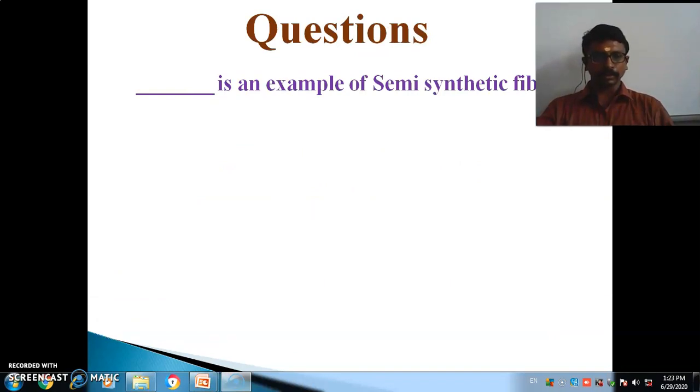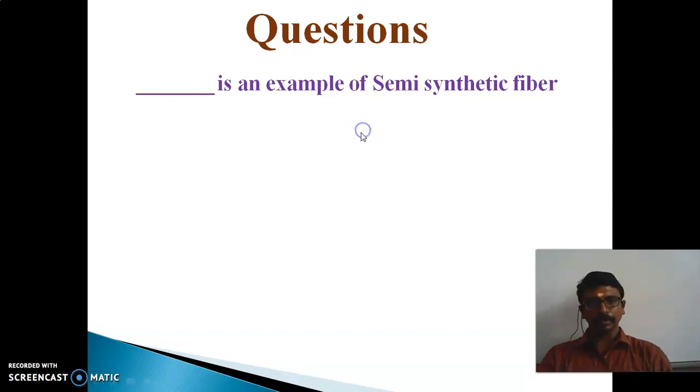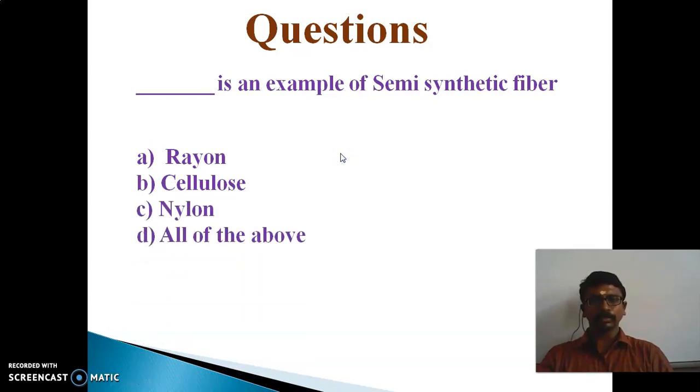So what we discussed about nylon fibers, rayon fibers and polyester fibers, we will now discuss through some questions. The question is: dash is an example of semi-synthetic fiber. The options are A, rayon; B, cellulose; C, nylon; D, all of the above.